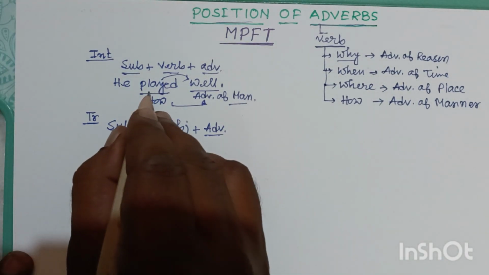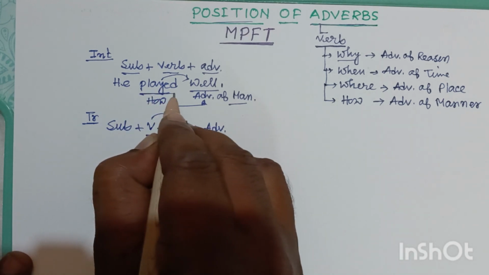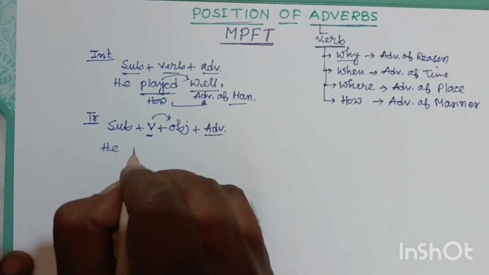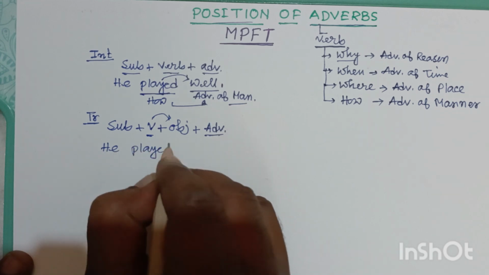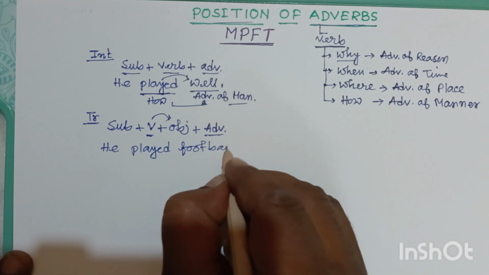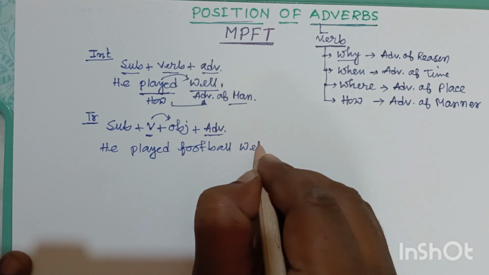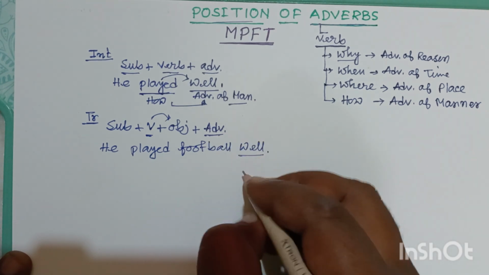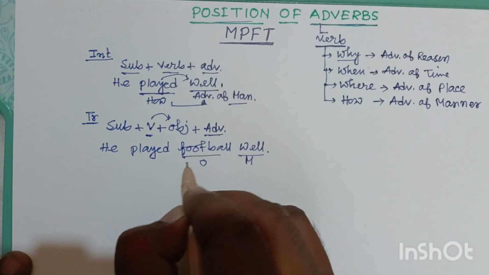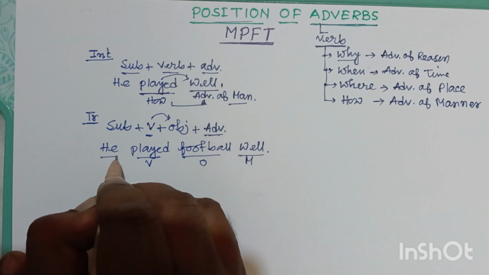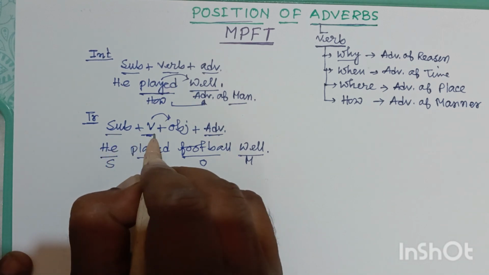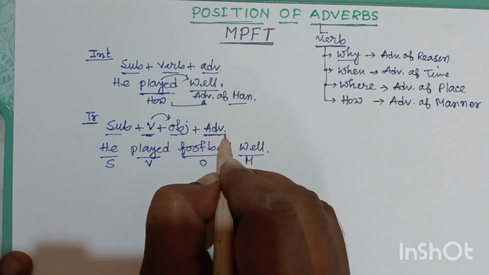If we write down the same sentence here, the term played is intransitive. If we write down he played football well, football is the object, and well is the adverb of manner. This is object, this is the verb, and this is the subject. So the structure is subject, then transitive verb, then object, then adverb.